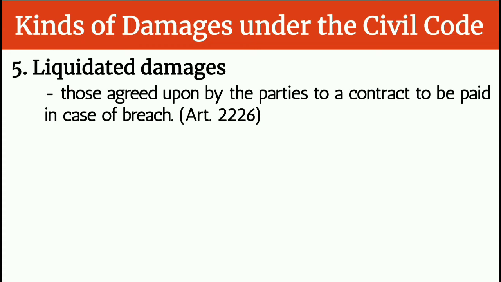Kapag sinabing breach or breach of contract, ito yung violation of the contract. In case yung isang party, violate niya yung contract, yung another party, makaka-receive siya ng liquidated damages.